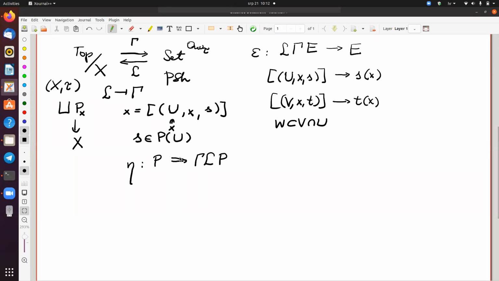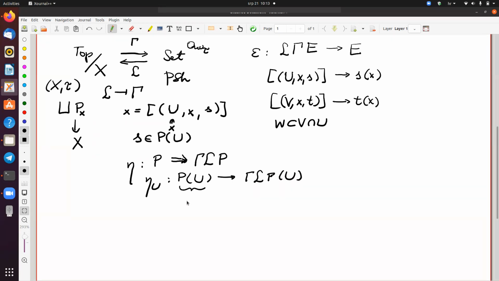That means that pre-sheaves are contravariant functors. So this is a natural transformation. So it has a component for every object in this category. So for every U, I have from P of U, so here are sections, to gamma L P of U.